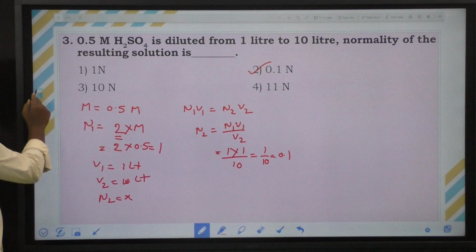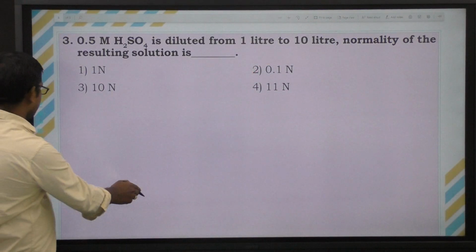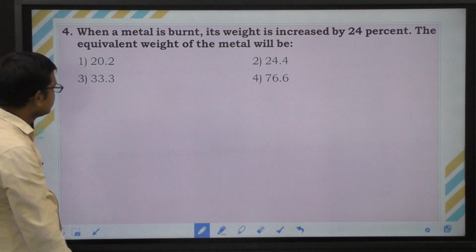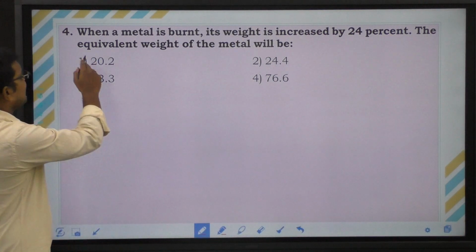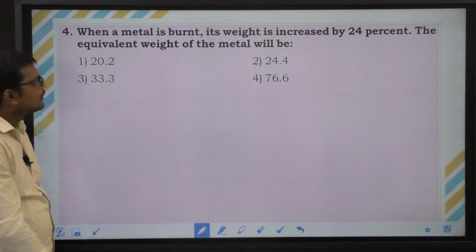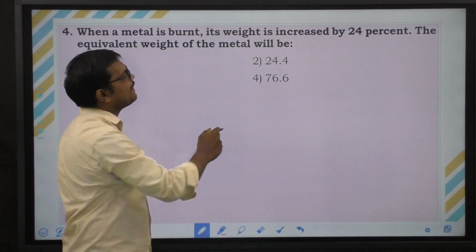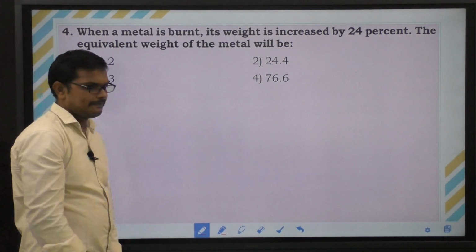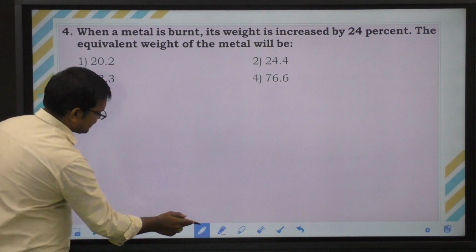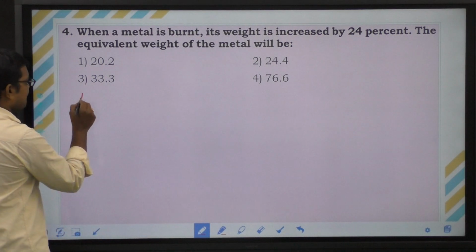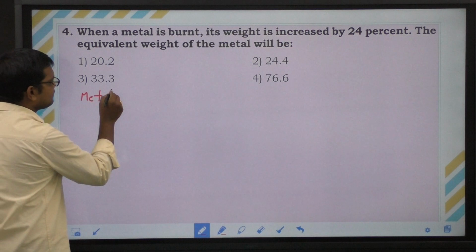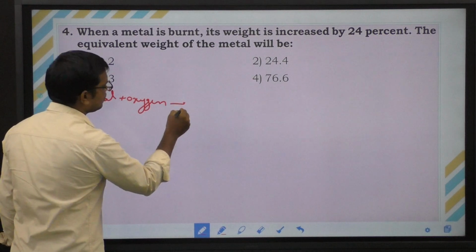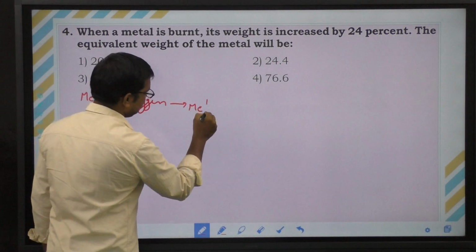Next, fourth question. When a metal is burnt, its weight is increased by 24%. The equivalent weight of the metal will be. When a metal burns in the presence of oxygen it gives metal oxide.